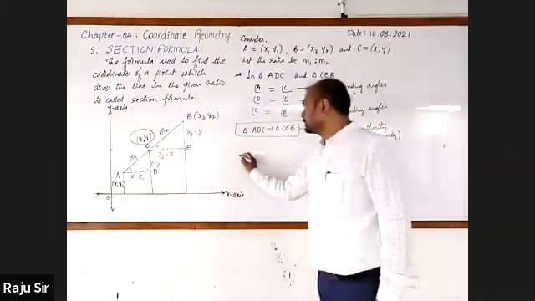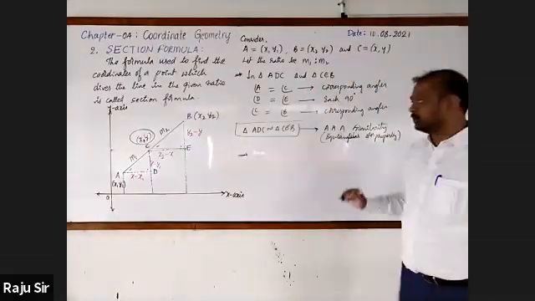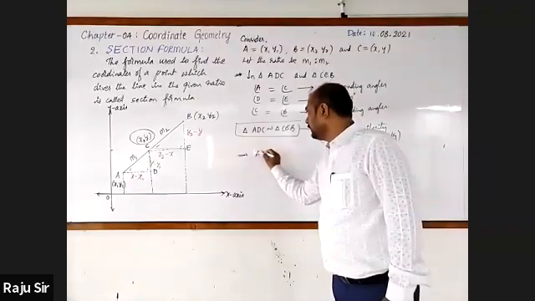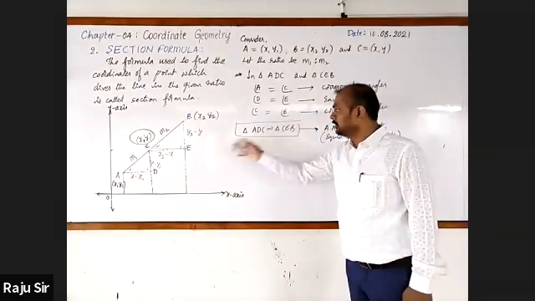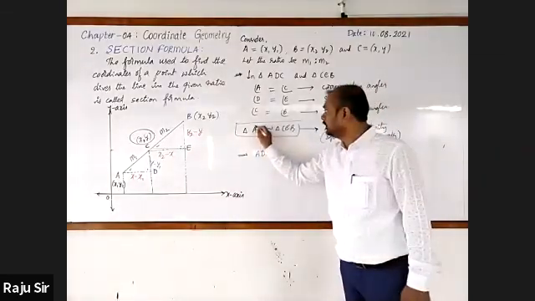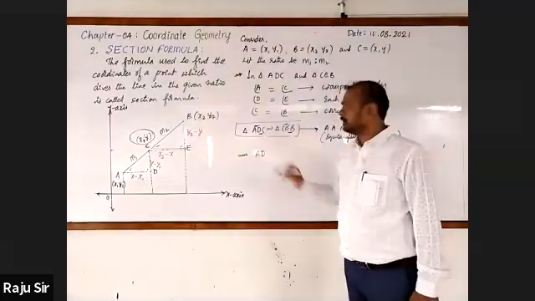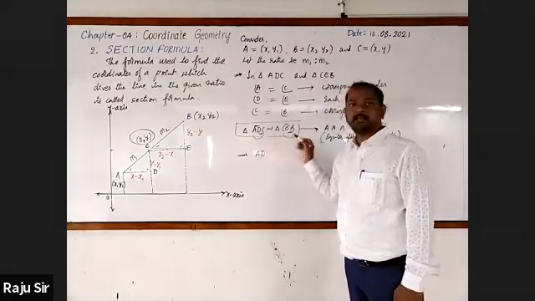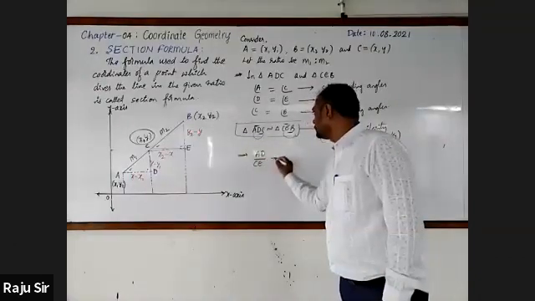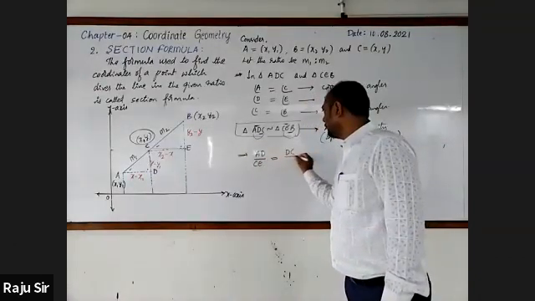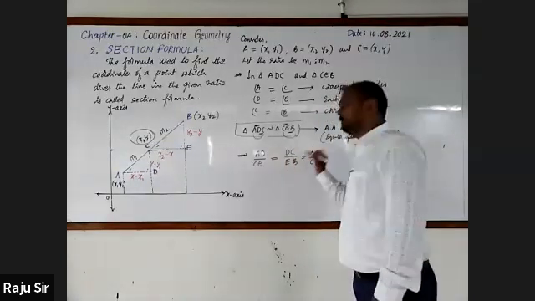If two triangles are similar, we know that their corresponding sides will be in the same ratio. Let us write AD. It can also be written easily without seeing the figure. Here AD, DC, then EB, then AC and CB. AD by CE is equal to DC by EB, which is equal to AC by CB.